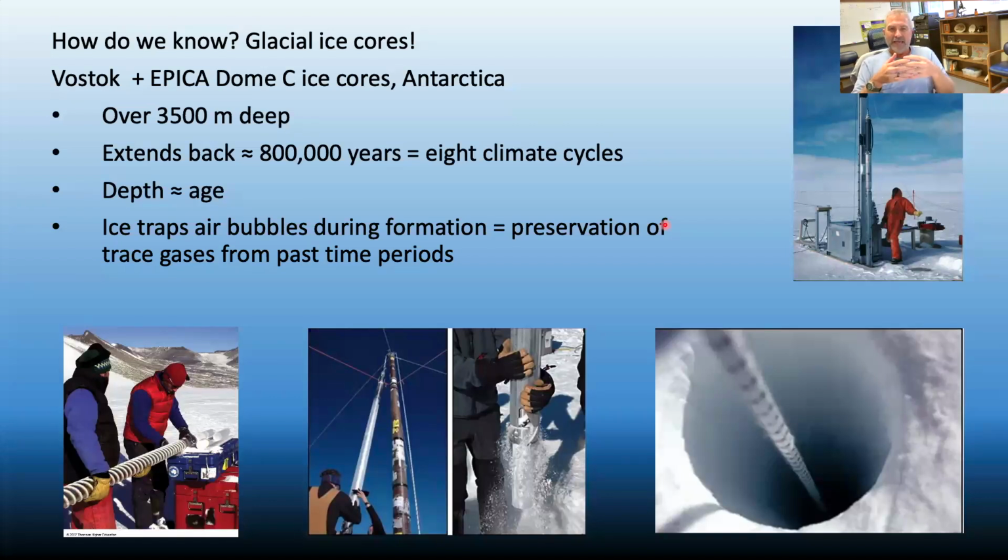Really good data sets for climate actually come from glacial ice cores. So you've probably heard of the Vostok Glacier. There are other glaciers in Antarctica. These things are over 3,500 meters deep, and they extend back over 800,000 years.